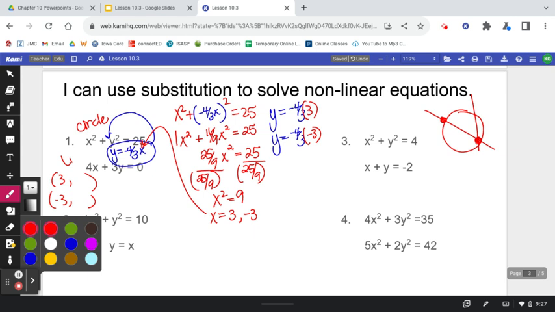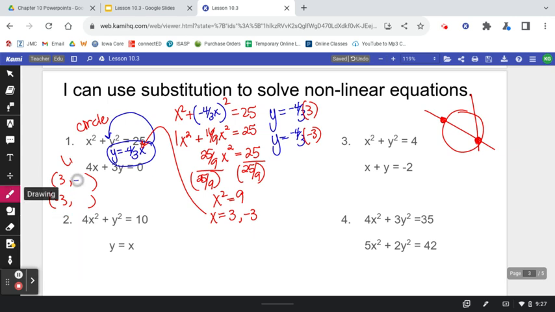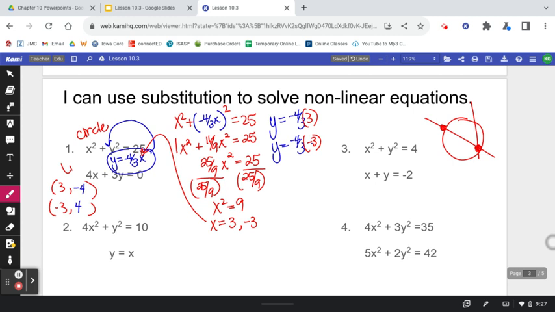So for the 3, it gives me negative 4, and for the negative 3, it gives me positive 4. So this is crossing at negative 3 comma 4, and this one is 3 comma negative 4.